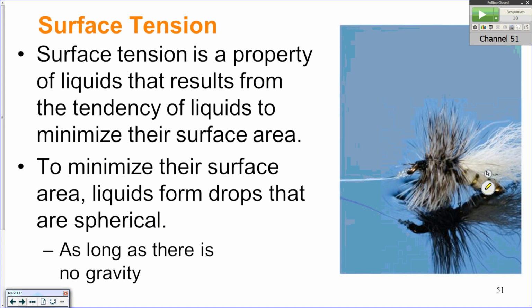Now, one of the ways that we can see the properties come to life is with things that we can observe. Surface tension is one of those. So surface tension results from the tendency of liquids to try to minimize their surface area.